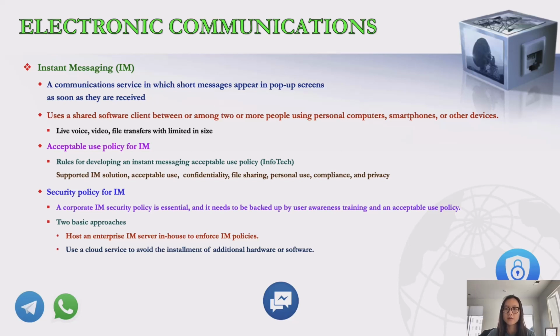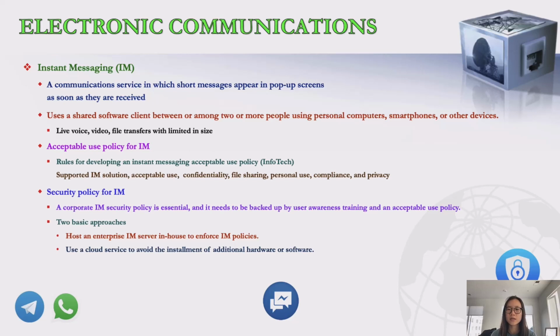There are two basic approaches enabling an enterprise to maintain security over instant messaging. Both approaches limit employees to the use of the enterprise-mandated instant messaging facility. In addition, both approaches further limit the group of employees who can use instant messaging. One of the approaches is to host an enterprise instant message server in-house.